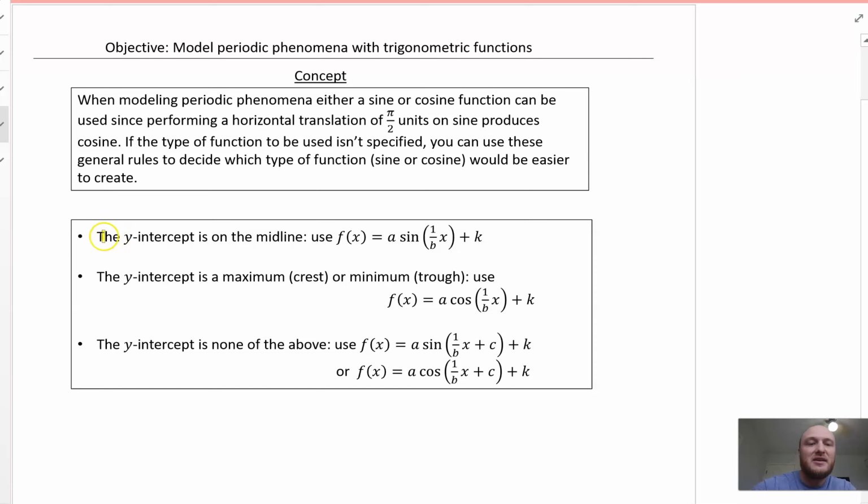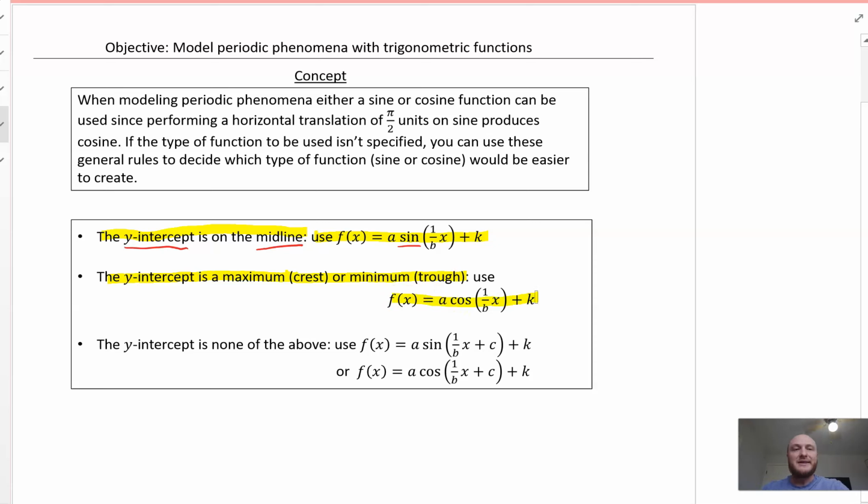And that is that if the y-intercept is on the midline, that is going to be a sine function. That makes sense. I'm just going to underline sine. If the y-intercept is on the midline, we're going to be using sine. Now, same idea: if the y-intercept is either at a maximum, which is a crest, we just learned that word, or at a minimum, at a trough, we're going to use the cosine function.